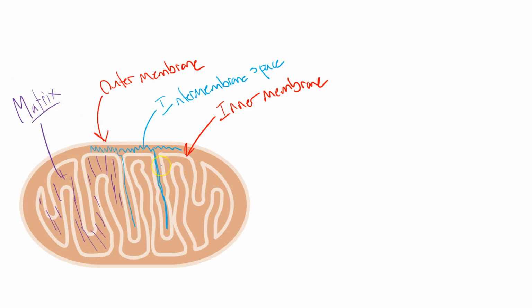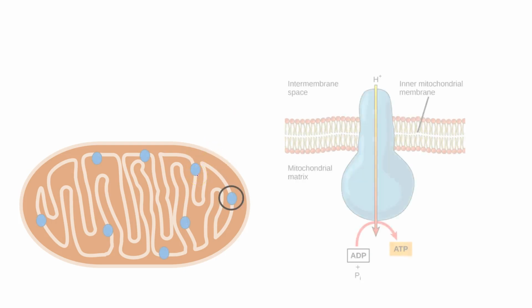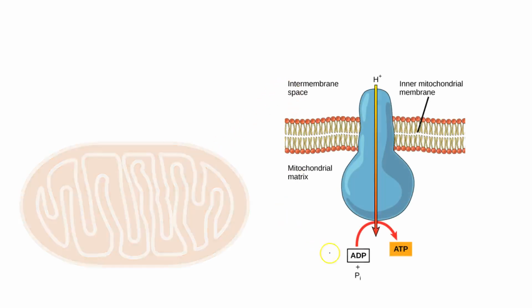Okay, so you want to keep these different parts in mind because that will help you remember where we are when I show you some kind of interesting figures here in a minute. Okay, well, all along the inner membrane of the mitochondria, you can find these ATP synthase proteins. Their main job is pretty simple. They make ATP.